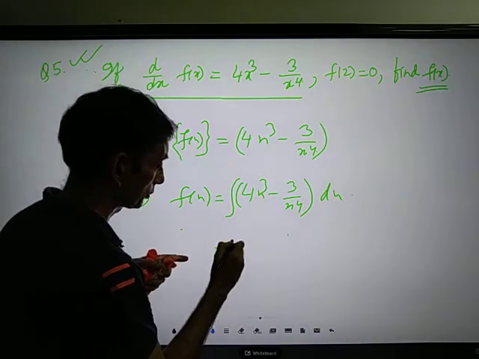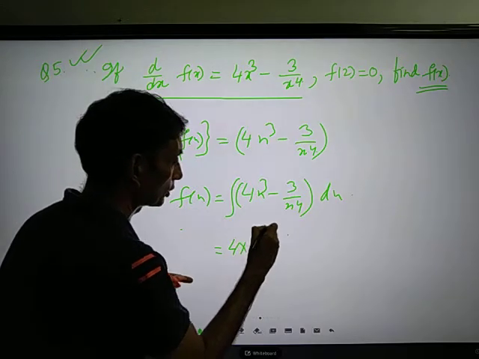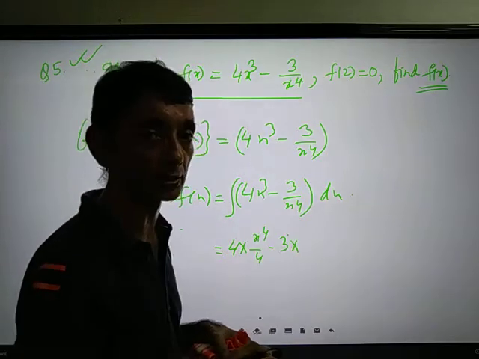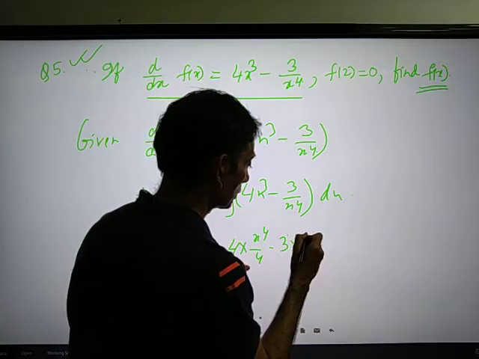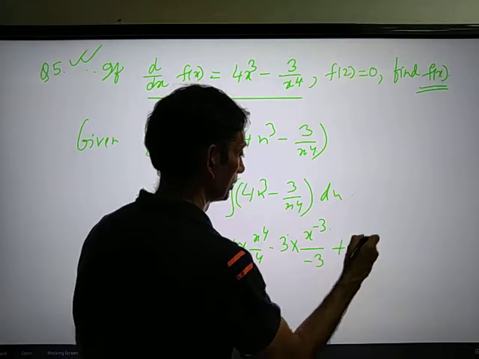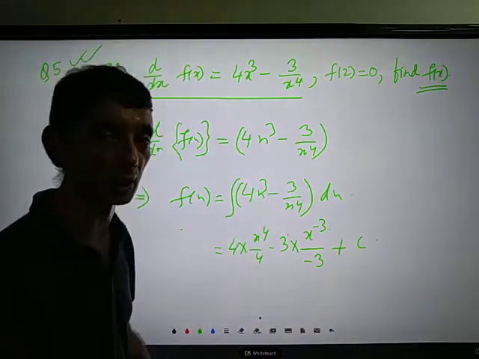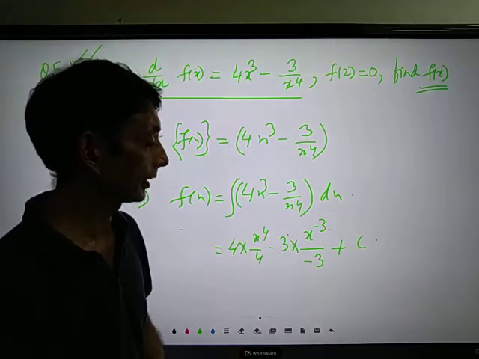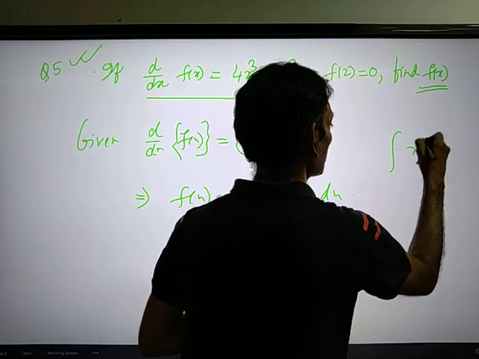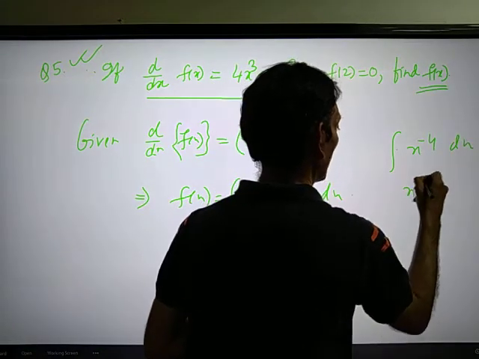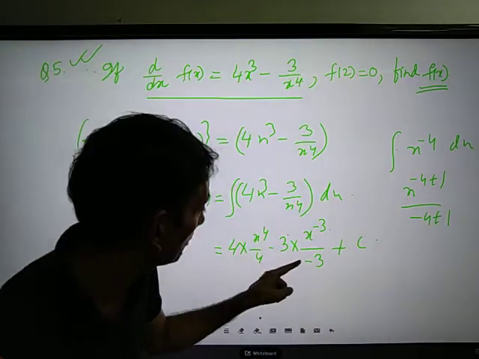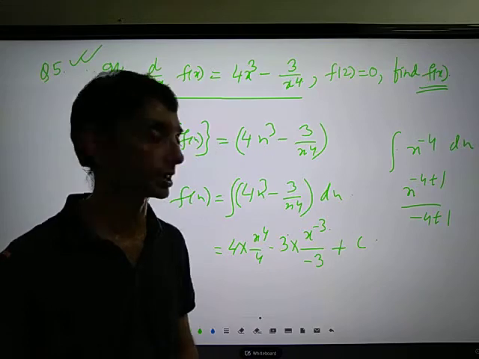If you integrate, it will be 4 and x cube is x to the power 4 by 4, minus 3 and 1 by x to the power 4 integration. It will be x to the power minus 3 by minus 3 plus c, because 1 by x to the power 4 is x to the power minus 4, and integration gives x to the power minus 4 plus 1 by minus 4 plus 1, so x to the power minus 3 by minus 3 plus c, the constant of integration.